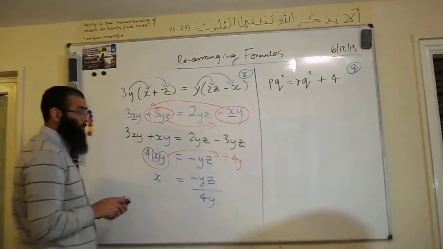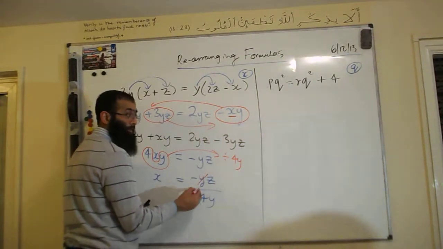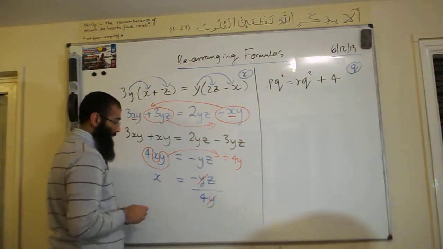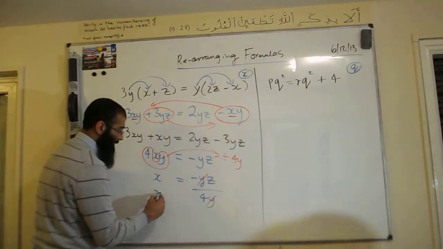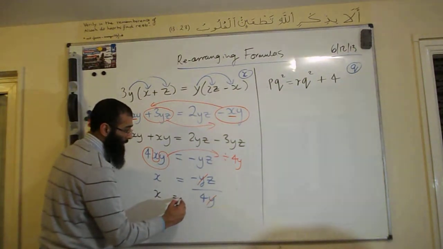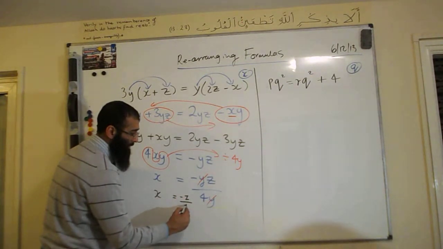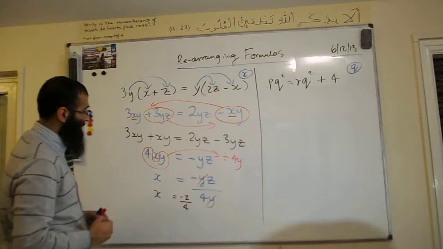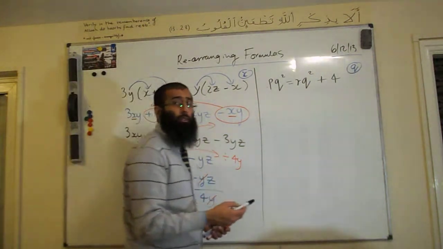We're going to do a bit of cancelling: divide by y, divide by y. That leaves us with an answer of x is equal to minus z over 4. Okay, happy with that? Let's quickly move on to the next question.